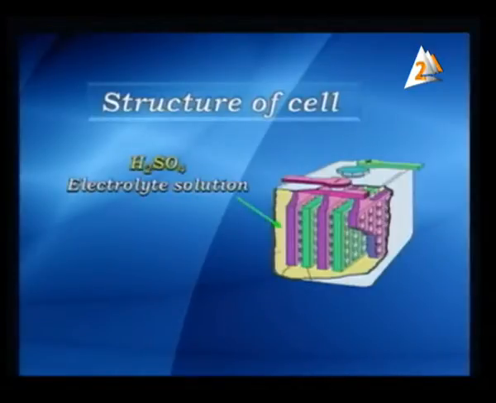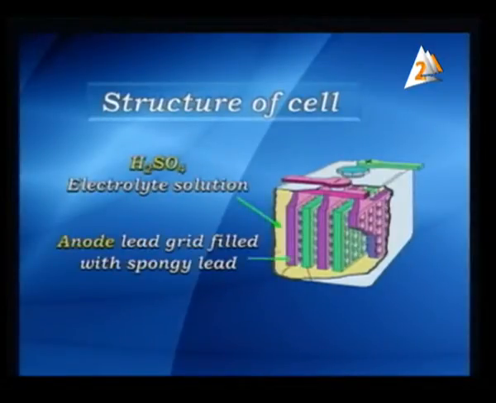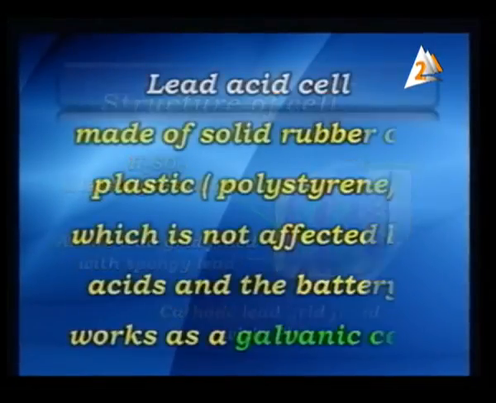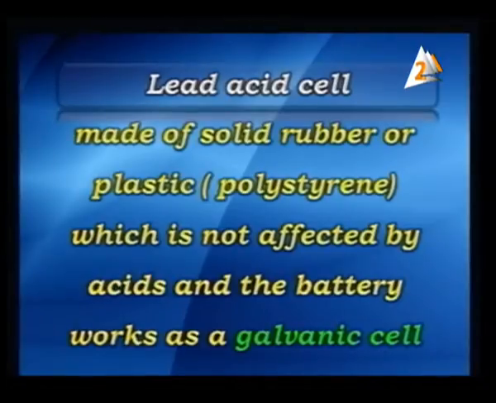Now, all of this is dipped in dilute sulfuric acid, H2SO4 solution, as the conducting electrolyte, and all of it is put in a container. What is the function of this container? Protection, sure. It protects these components. It is made of solid rubber, not just any kind, or strong plastic.